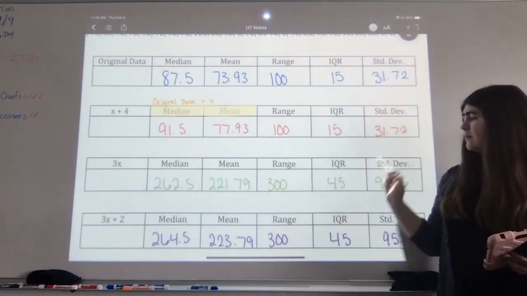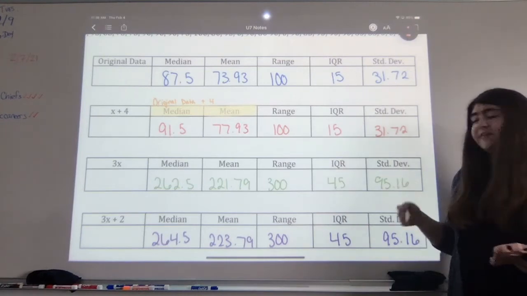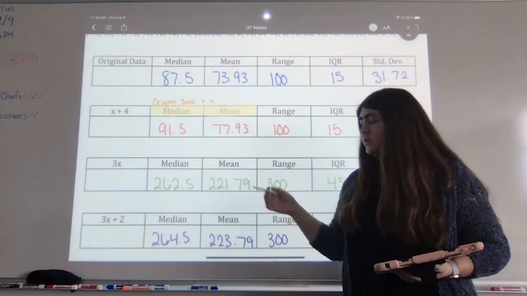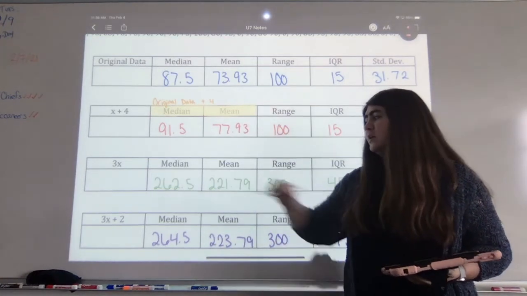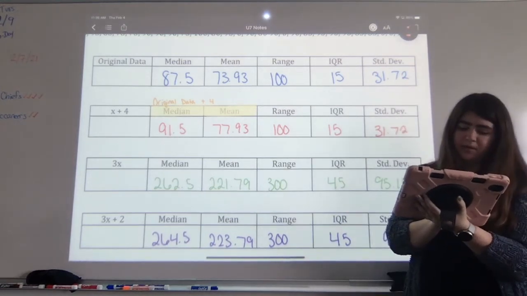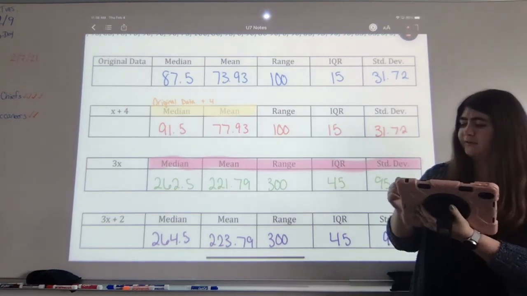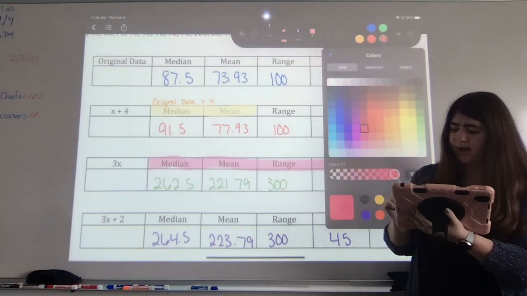And 15 times 3 is 45, 31.72 times 3 is 95.16, 73.93 times 3 is 221.79, and 87.5 times 3 is 262.5. So each of these pieces, median, mean, range, IQR, and standard deviation, all increased with the data set by 3.